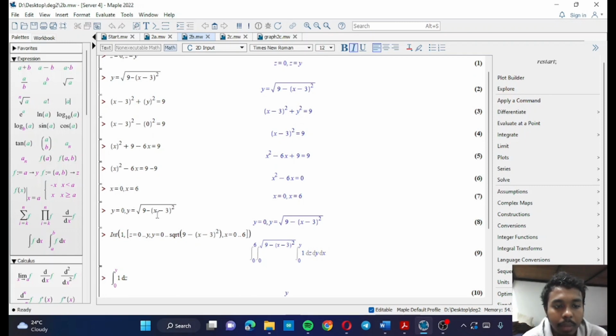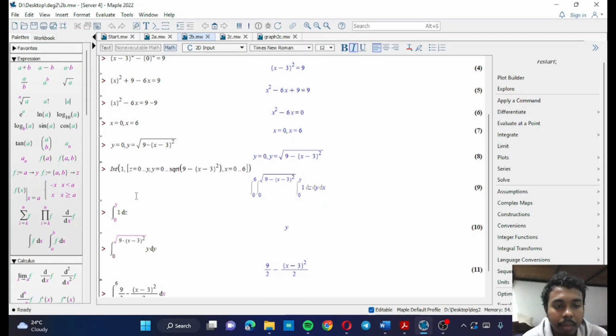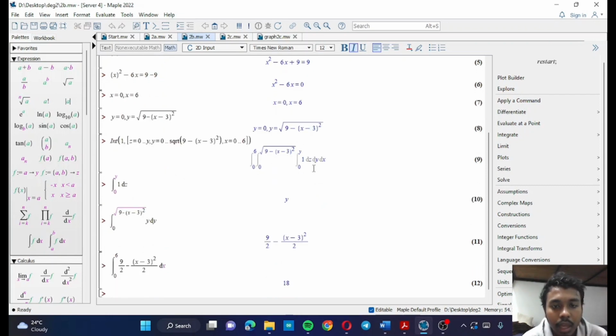This is the y lower limit and upper limit, and then I type the code for the equation, and I get like this. Then I find one by one the integral dz, dy, and dx. First I get y for integral dz, and then integral dy, I get this answer. Then the final is integral dx, and I get the final answer x.